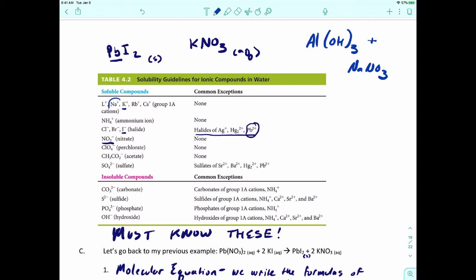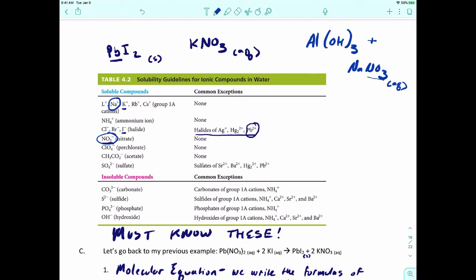Sodium is in family 1A, and that tells us that sodium is going to be soluble, and there are no exceptions to that. Now, we can double check this because we've got the nitrate ion. The nitrate also tells us that this is going to be soluble, so automatically we know that NaNO3 is going to be aqueous. All right. So we could assume that Al(OH)3 is also going to be our precipitate, but let's verify that.